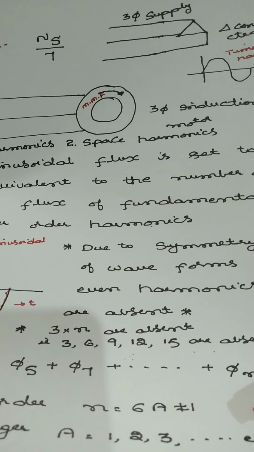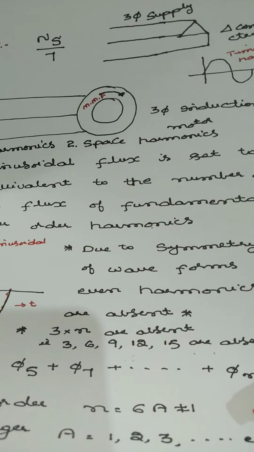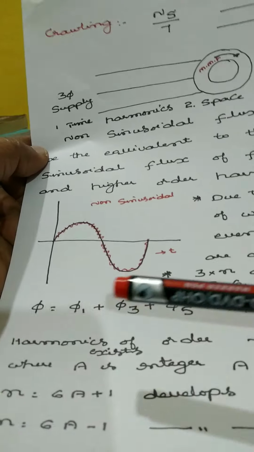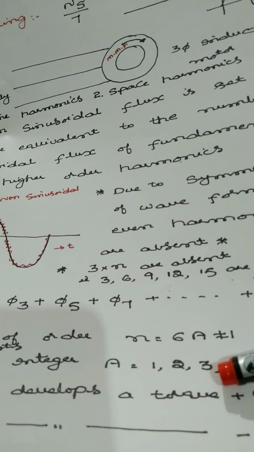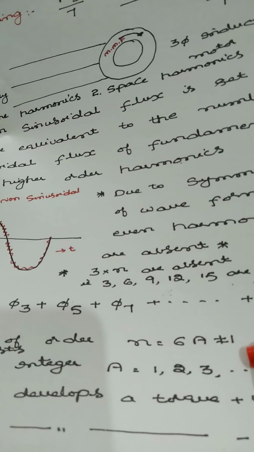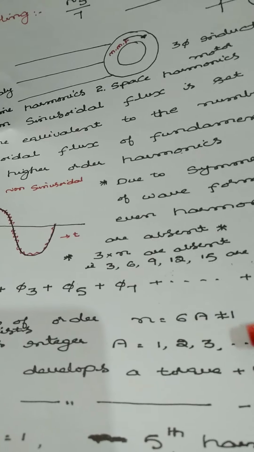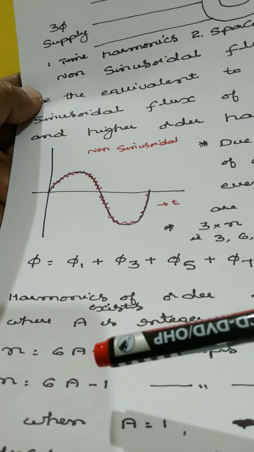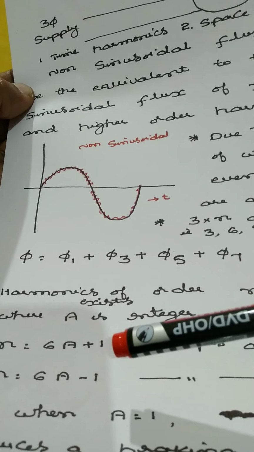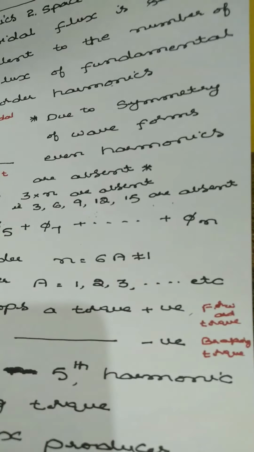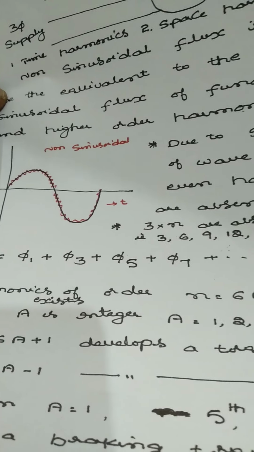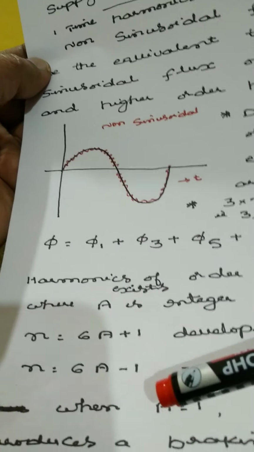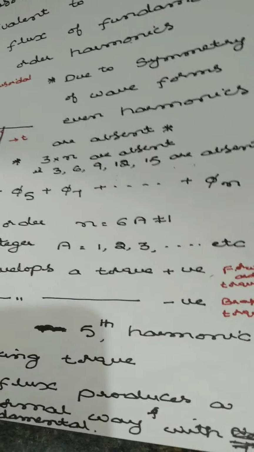The remaining harmonics that exist are of the order 6a plus or minus 1, where a is an integer. 6a plus 1 develops a torque in the positive direction, and 6a minus 1 develops a torque in the negative direction.